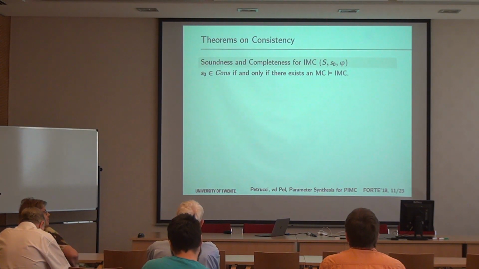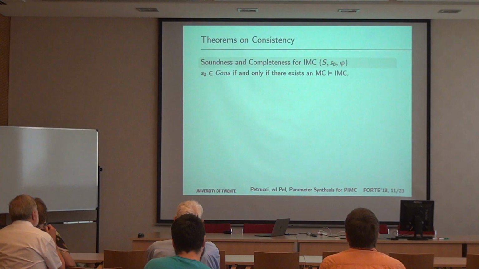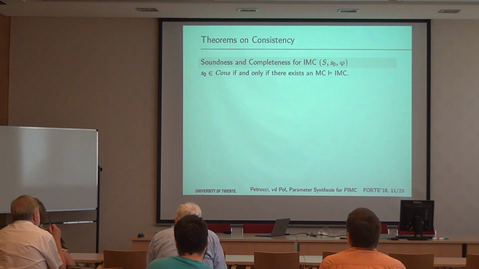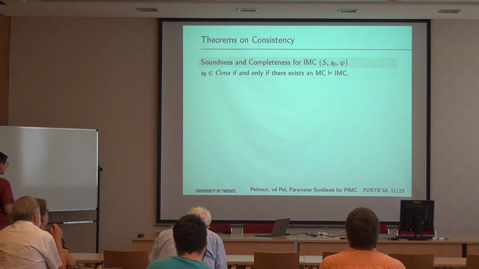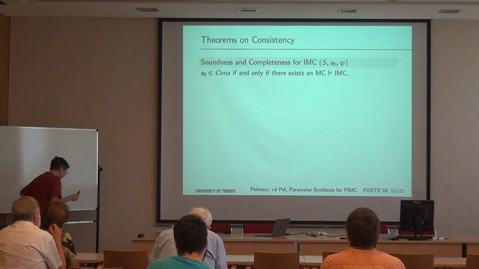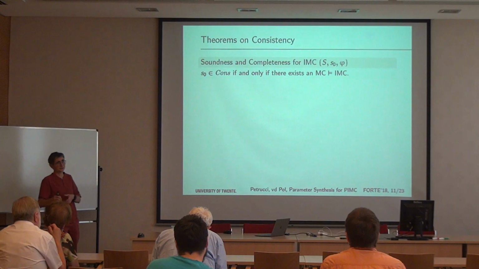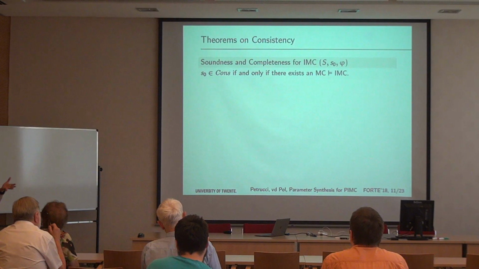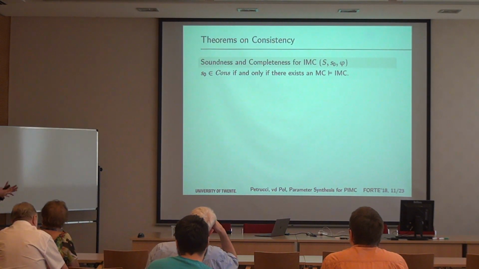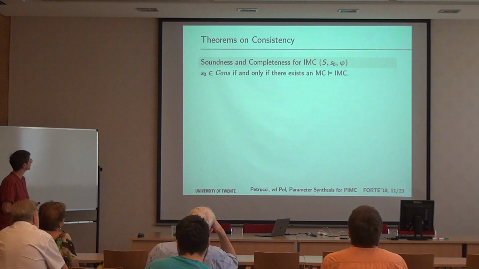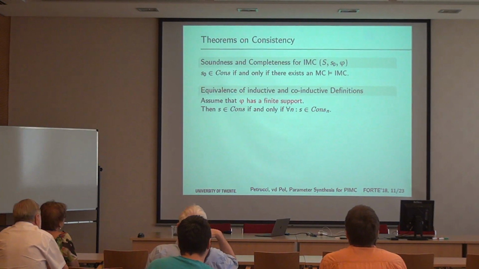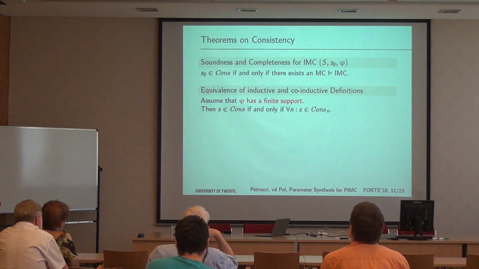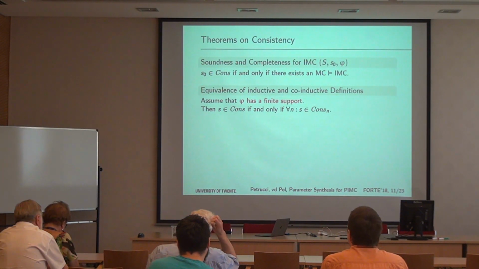So what we have shown is that the initial state is consistent if and only if there exists a Markov chain that satisfies the interval Markov chain specification. So if you can pick some probabilities in the intervals and have a consistent Markov chain. We have shown also the equivalence of inductive and co-inductive definitions, assuming that phi has a finite support.